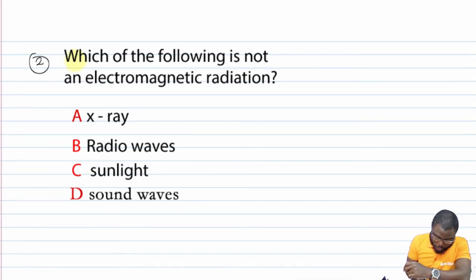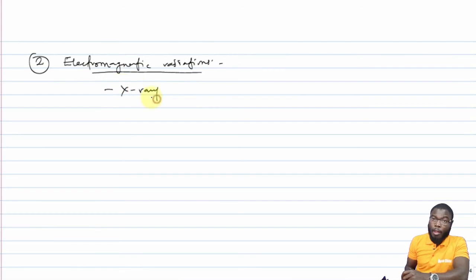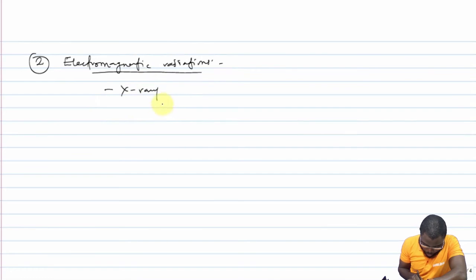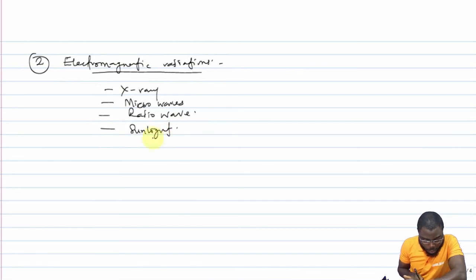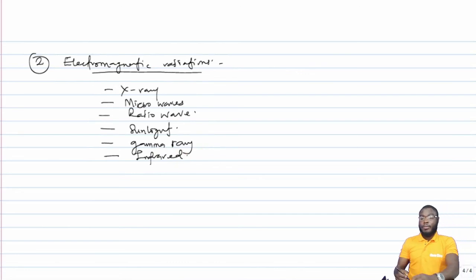Let me give you some examples of electromagnetic radiation: X-ray, radio wave, microwave, sunlight, gamma ray, and infrared.